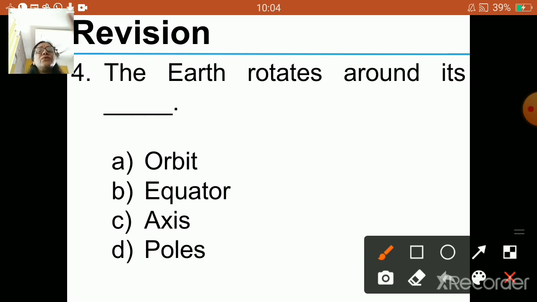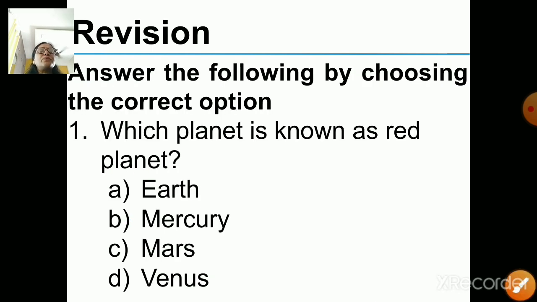I told you there are two movements of the earth. One is rotation, another is revolution. In rotation, the earth rotates around its axis. It spins around its axis. So axis is the correct option.